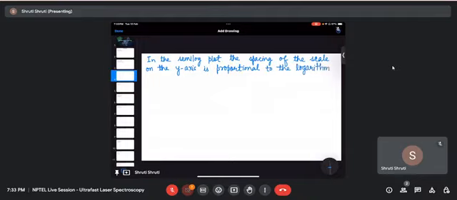Now the next question is about the constant fraction discriminator. So from the lectures, what did you learn about the TCSPC setup and the constant fraction discriminator?